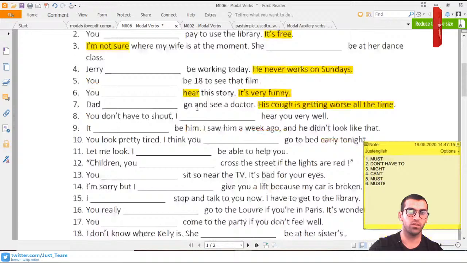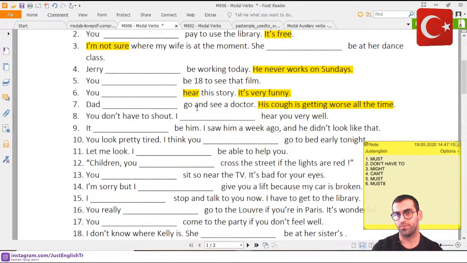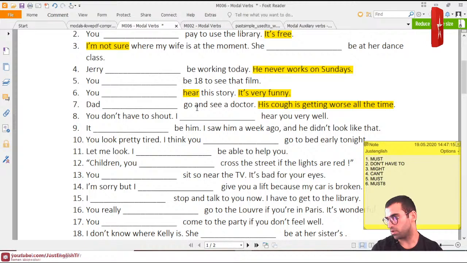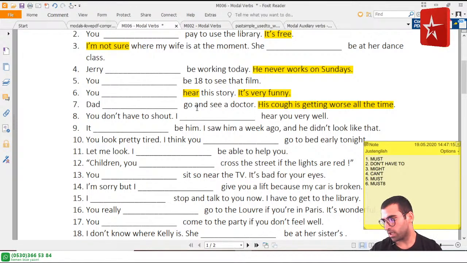So we can use one of them here. Number 7, his cough is getting worse all the time. Should. They say should: Muharrem, Minel, Artend, Gamze Nur, Şeyma, Sıla, Ceyda. Okay, let me check your answers and tell you the correct answer.